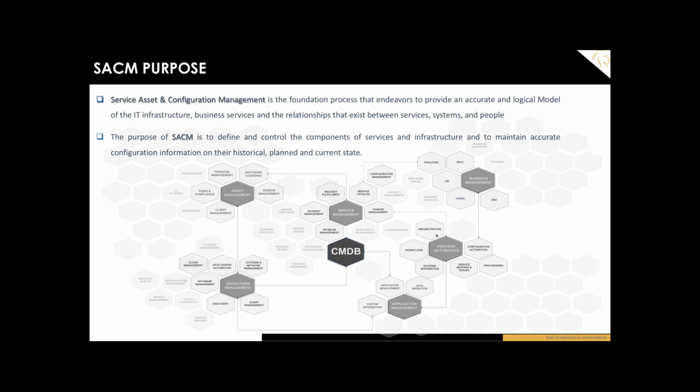But overall, we have the word Cmdb, we have the word SACM, we throw in the word configuration management. But in reality, when we look at this slide here, what we try to represent is that at the core of ServiceNow is the Cmdb.